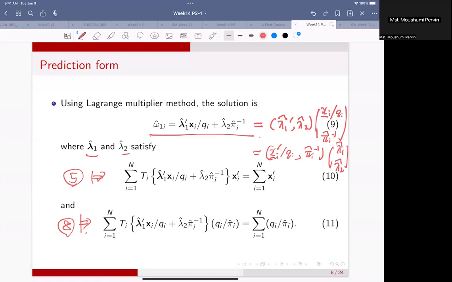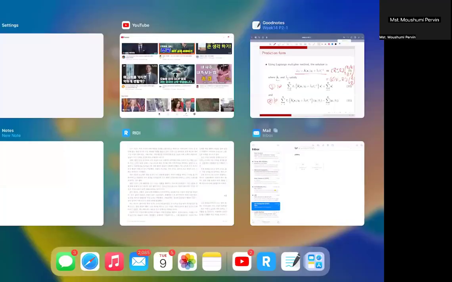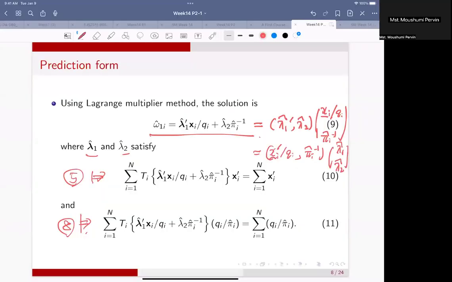This is known, and this is a known parameter.